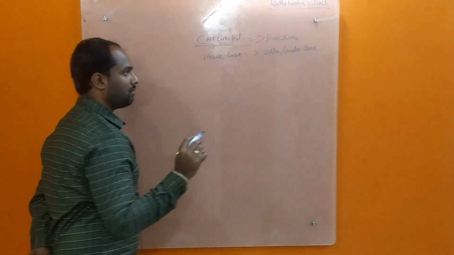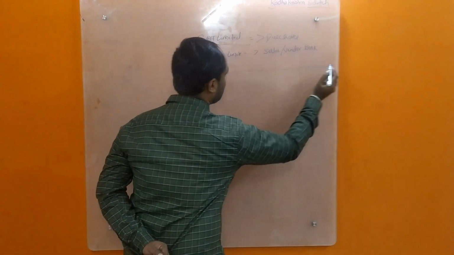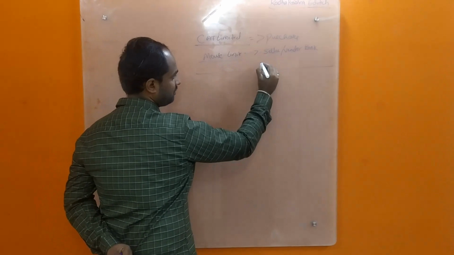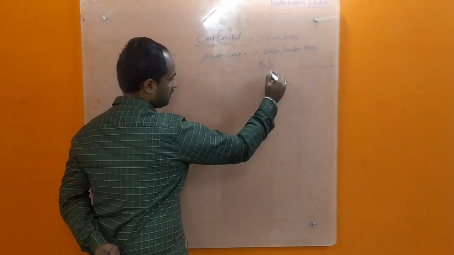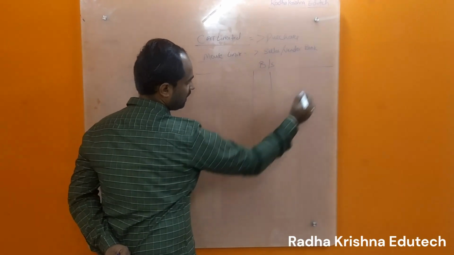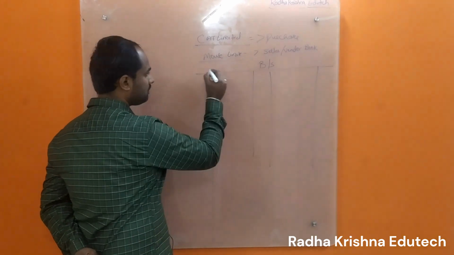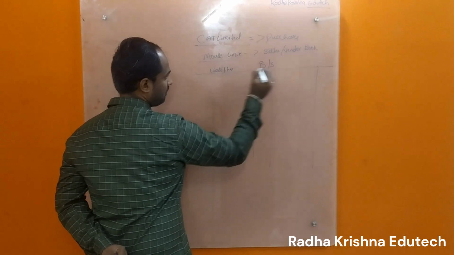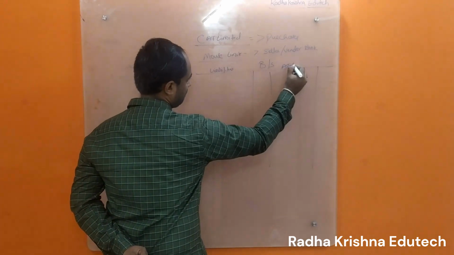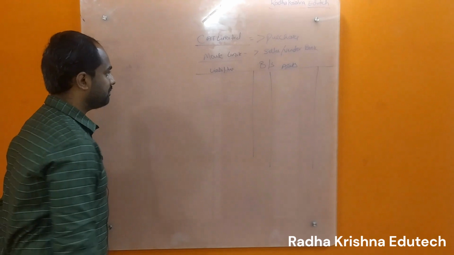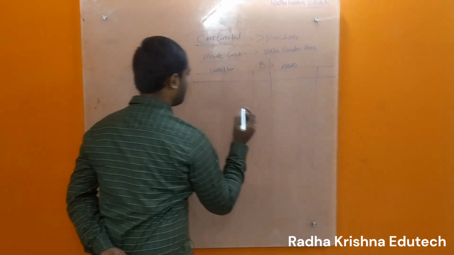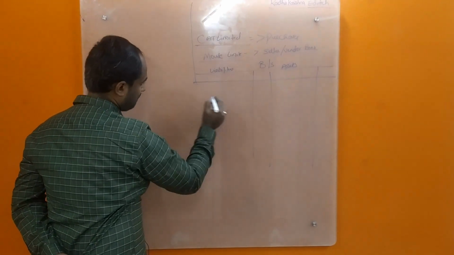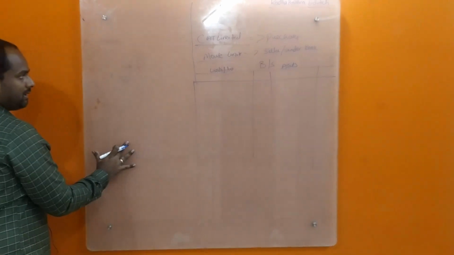So now what I will do, I will put a balance sheet here. Balance sheet of Mouse Limited. So here liabilities, assets. Okay. Hope you understand this. Based on this, I will put up a journal entry over here.